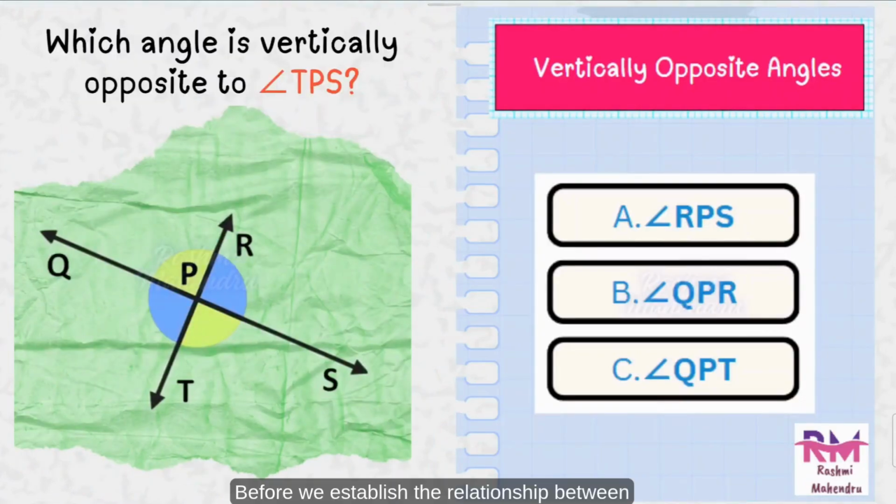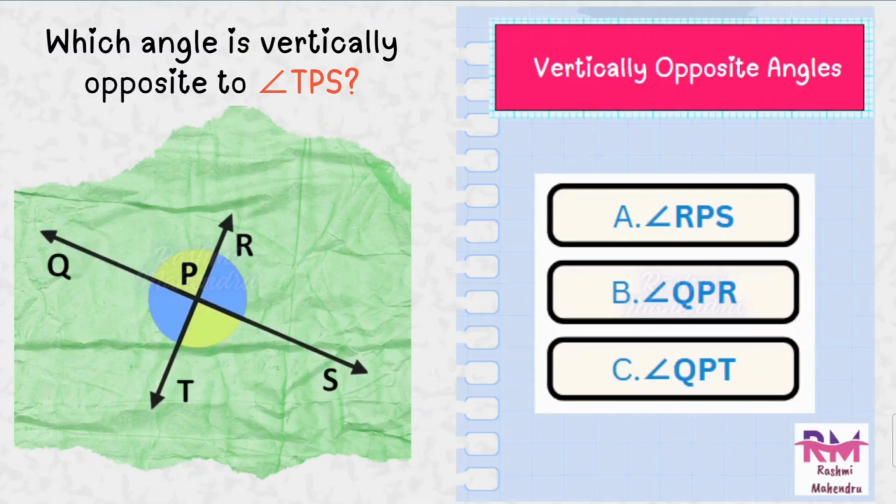Before we establish the relationship between the 2 vertical pair angles, let us see if we can read the angles. In certain questions, we need to read the names of the vertically opposite angles. So let us quickly go through this one. Which angle is vertically opposite to angle TPS? I am sure you are able to read it.